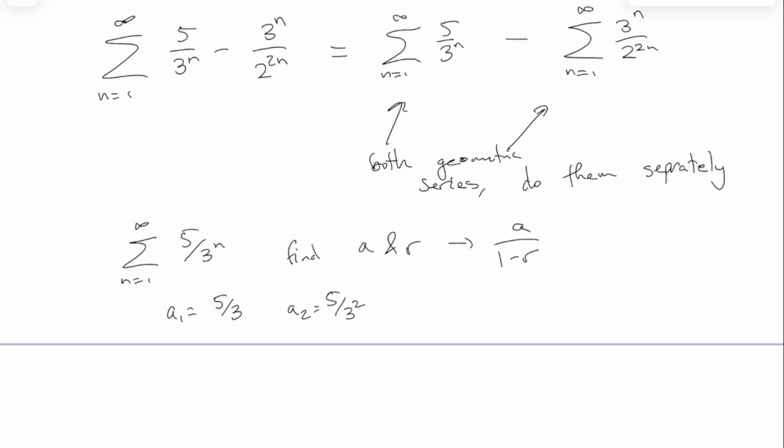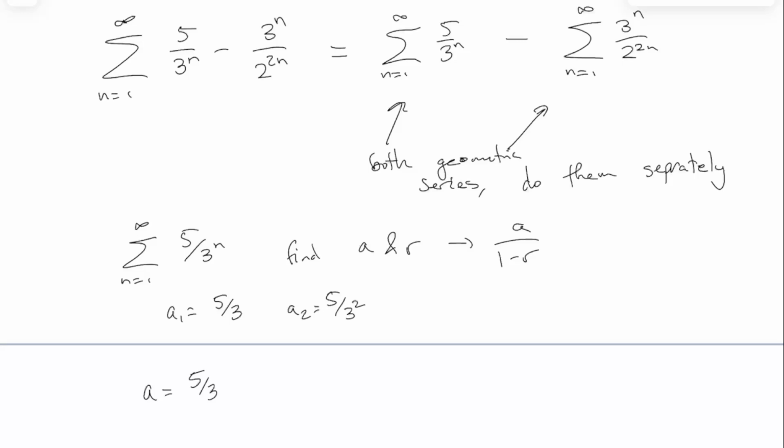And then what about the a and the r? Anybody remember what's the a here? This is what we were doing at the end last time. Yeah? 5/3. Yeah, the a is just the first term, which is always easy. You don't have to calculate anything. a is 5/3, and then the r is called the common ratio.